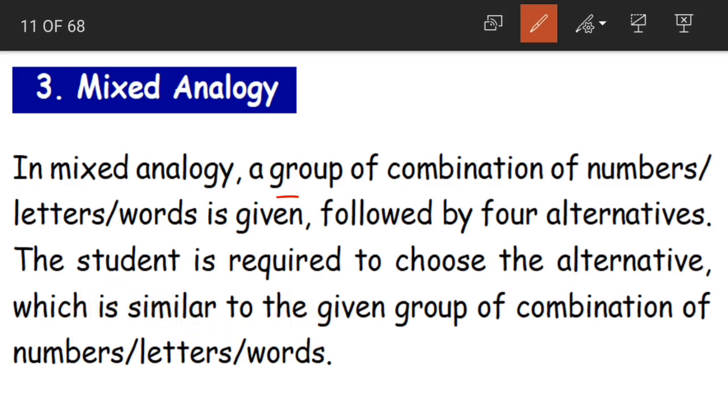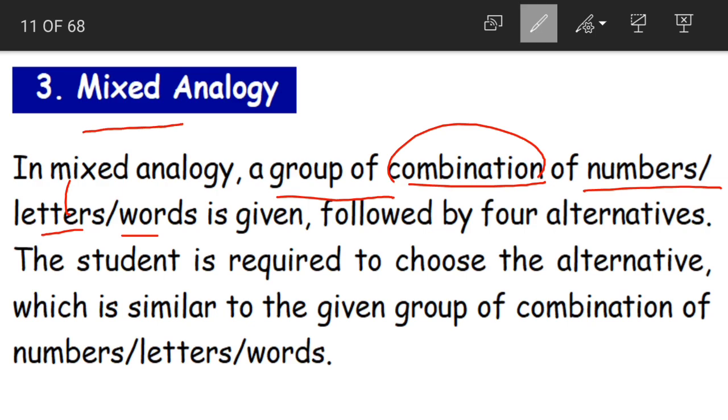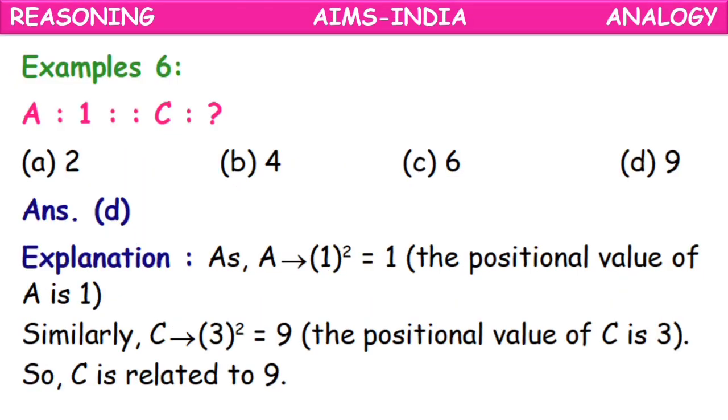That means a mixture of numbers, letters and words together. In the previous examples we had only letters or only words, but in mixed analogy we can have a combination of all of these.